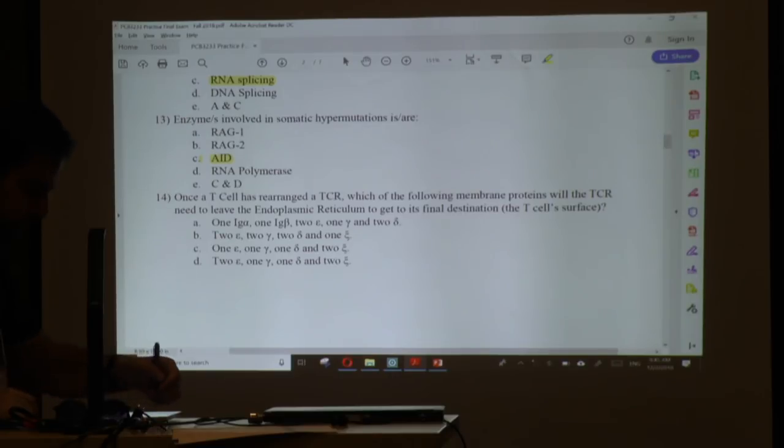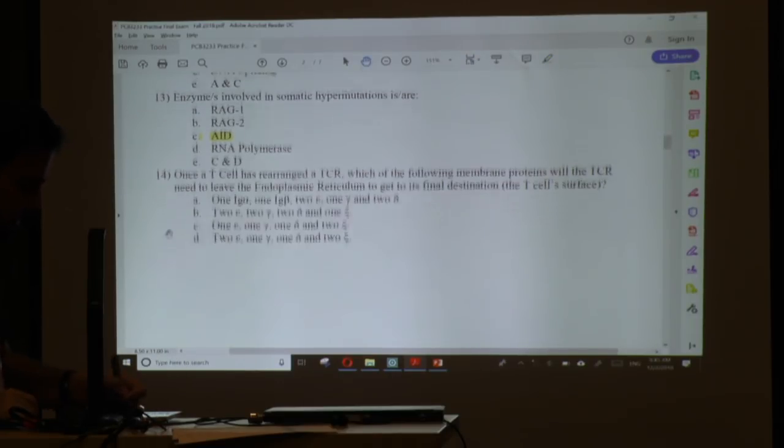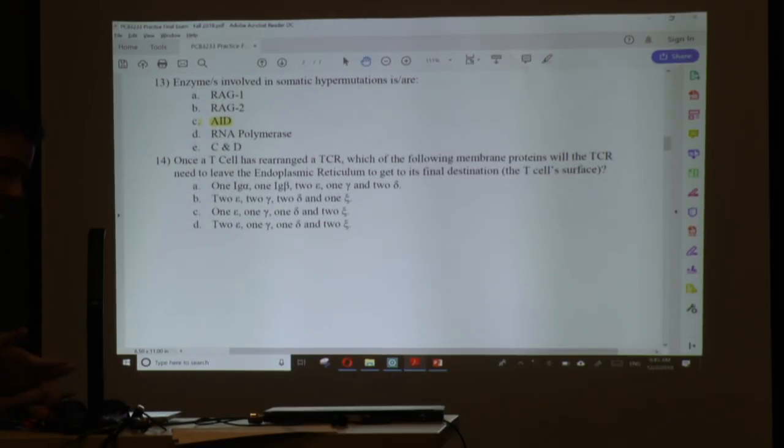No? All right. So T cells. Once the T cell has rearranged the TCR, which of the following membrane proteins will the TCR need to leave the endoplasmic reticulum to get to its final destination, which is the T cell surface? What are the co-receptors that the T cell will always need? What's that?